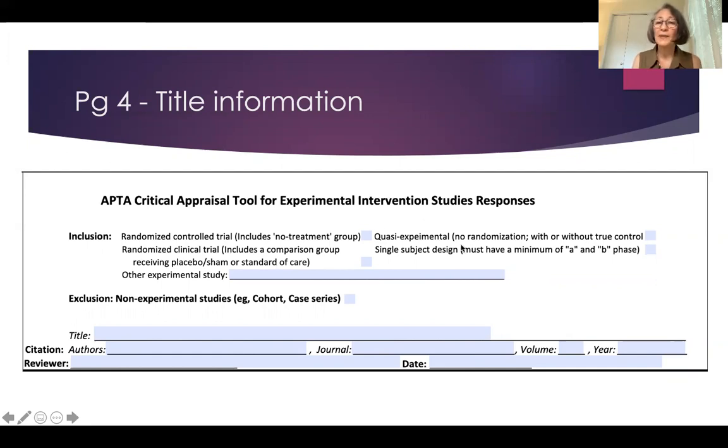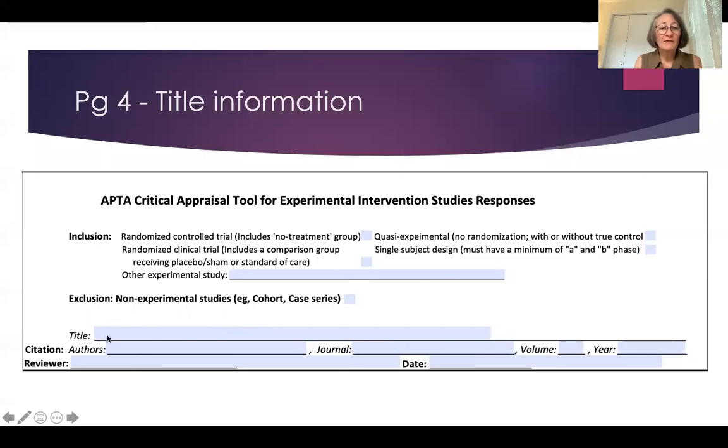Is it quasi-experimental, no randomization and no true control group? Or is it single subject design with a minimum of an A and a B phase, or some other experimental study design? It would not apply to non-experimental studies.